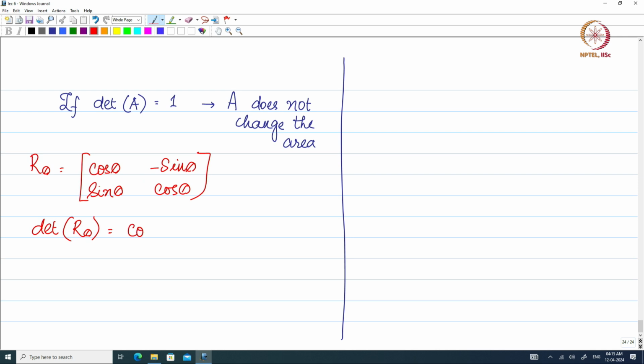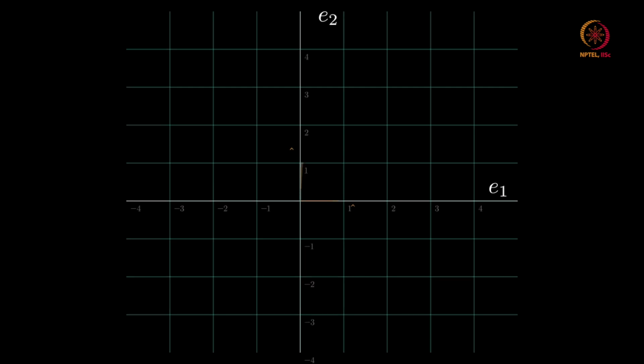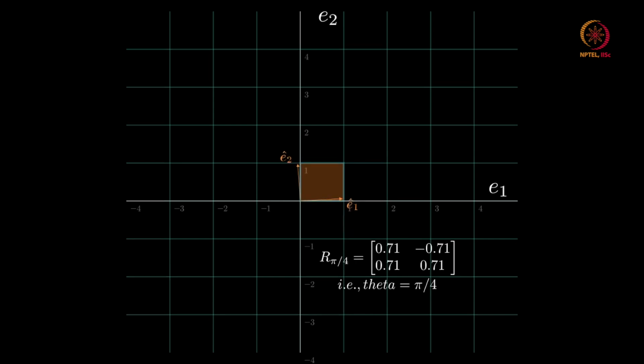So we get cos square theta minus of minus sine square theta, which is 1. And remember, we commented that the rotation matrix preserves the area. We also saw that it preserves length. So the determinant of R theta, which we defined in the previous class, is 1.